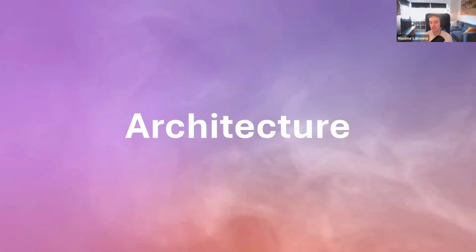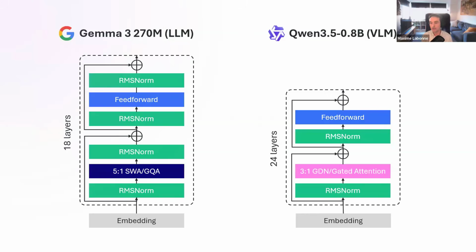And by architecture, I want to talk about mostly the layers that are used inside of the model from an inference speed point of view mostly. So let's take two models, Gemma 3 270M and Qwen 3.5 0.8B. And you can see that they both have a hybrid architecture where they interleave some kind of attention with another type of layer.